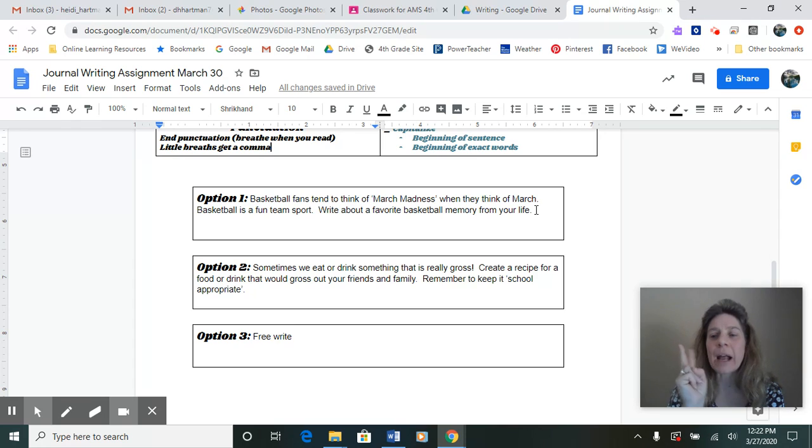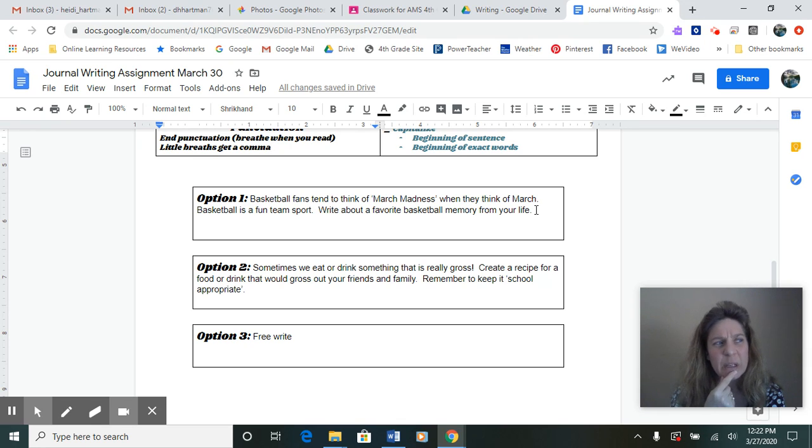Let's look at what my option 2 is. Sometimes we eat or drink something that's really gross. Create a recipe for a food or drink that would gross out your friends and family. Remember to keep it school appropriate. I'm not sure I really like gross things, but one time someone did dare me to drink a pickle shake.